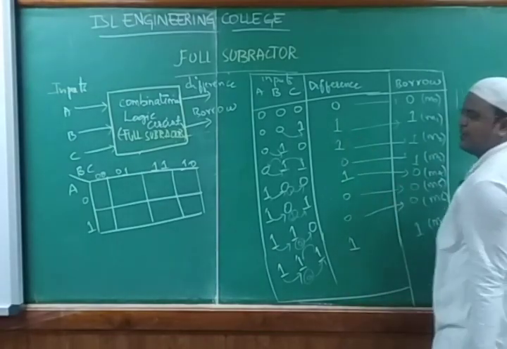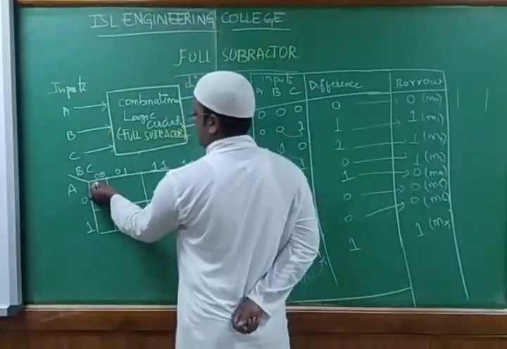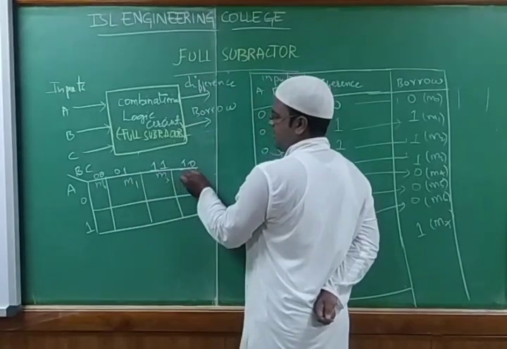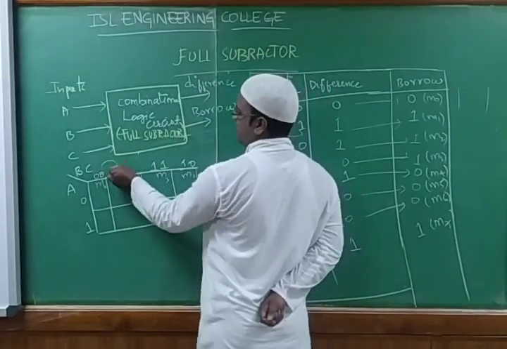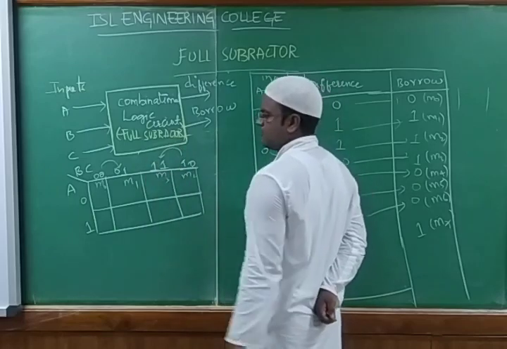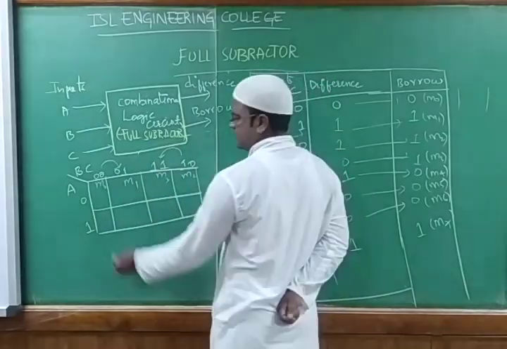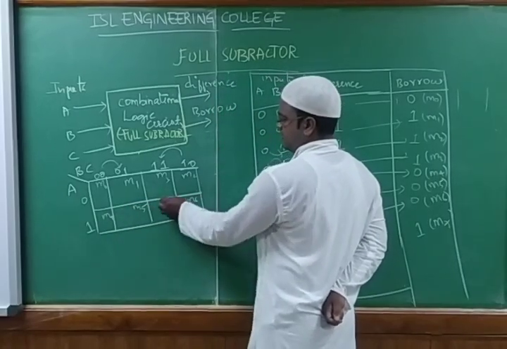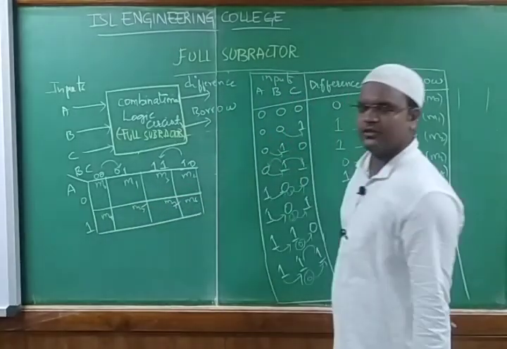When difference is high, I'll mention the minterms in the boxes also: M0, M1, M3, M2. So 0, 1, 2, 3. Next 4, 5, 6 and 7.